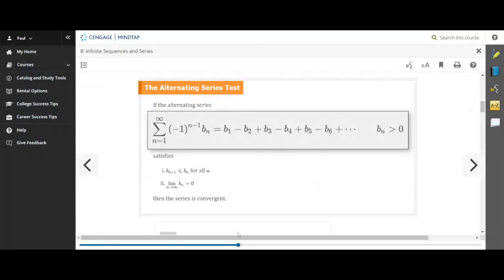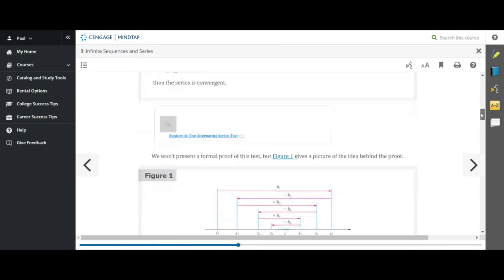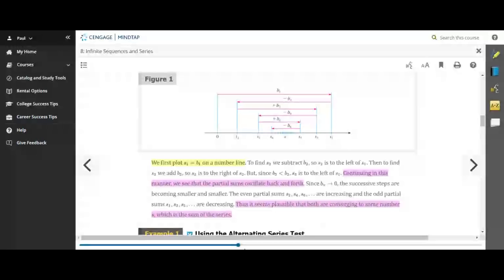So we use the alternating series test to do this, and the reason the alternating series test is true, they give an intuitive idea here in Figure 1. What they do is they basically add terms of an alternating series and then look at the partial sums.